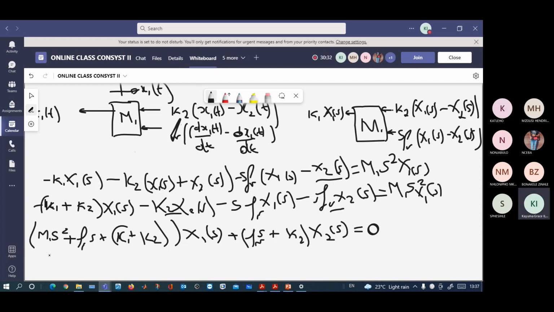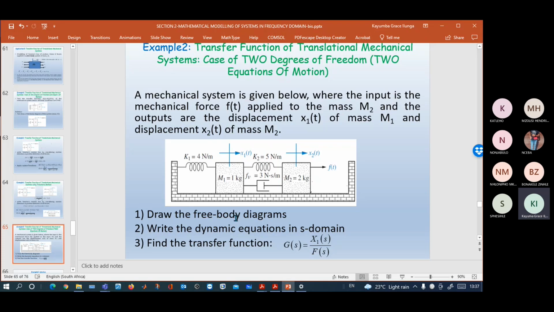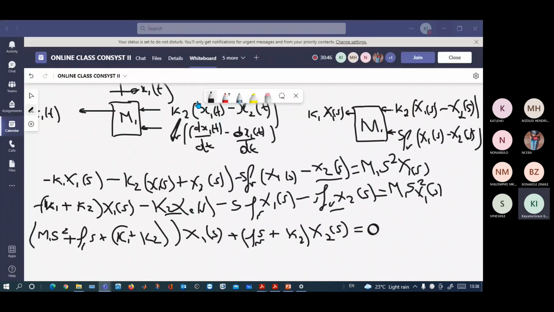Okay. So now, because we have this, we can replace the values. The value of M1 is 1, F is 3, K2 is 5, K1 is 4. So we can replace them already.